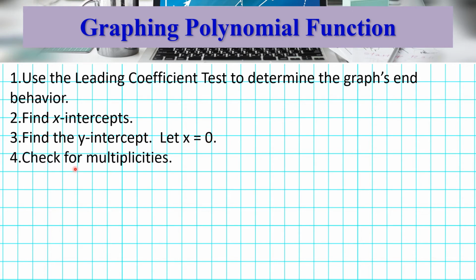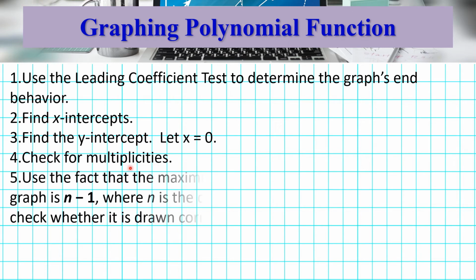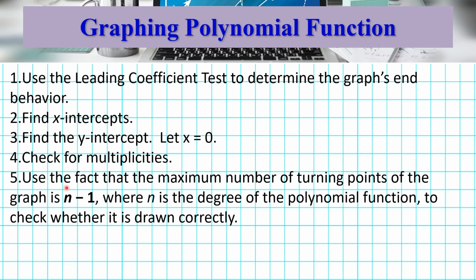Number 4, check for multiplicities. So, sa paghanap mo ng x-intercept, alamin mo kung ilang beses nagiging factor yung isang number ng polynomial function. Number 5 naman, use the fact that the maximum number of turning points of the graph is n minus 1, where n is the degree of the polynomial function.